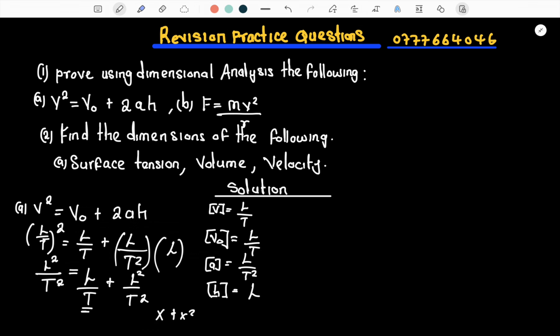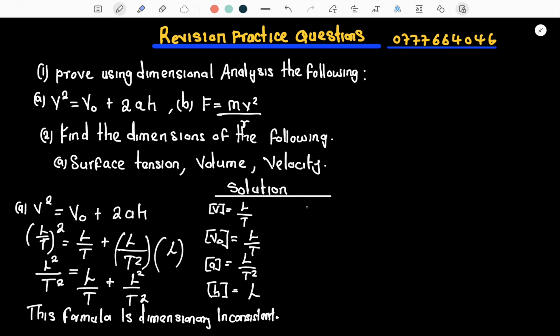So this formula is actually dimensionally inconsistent, or dimensionally incorrect. We go to the second one.